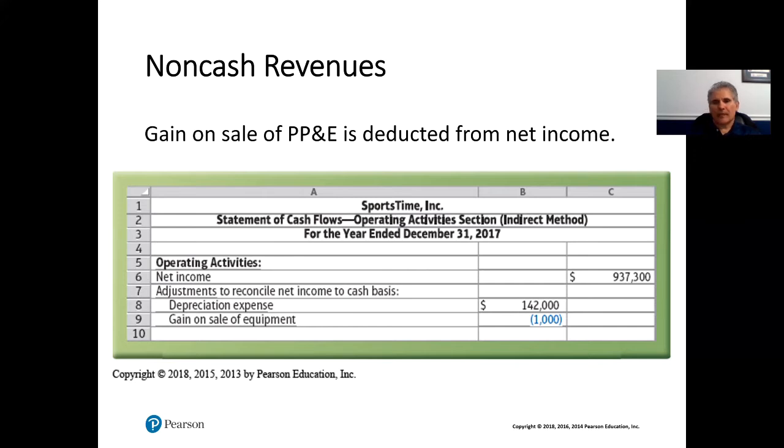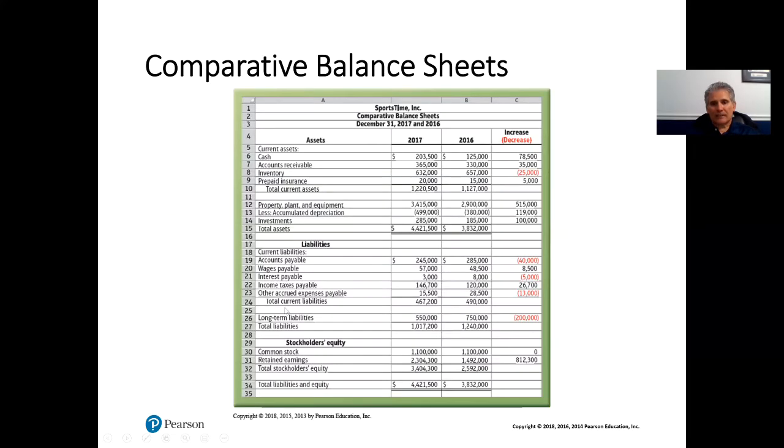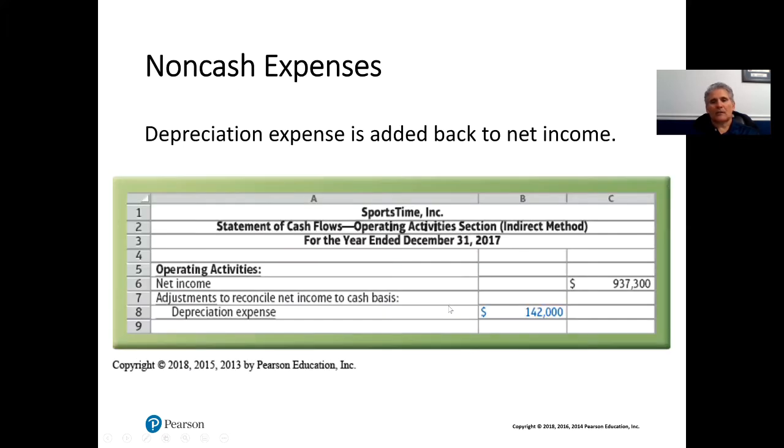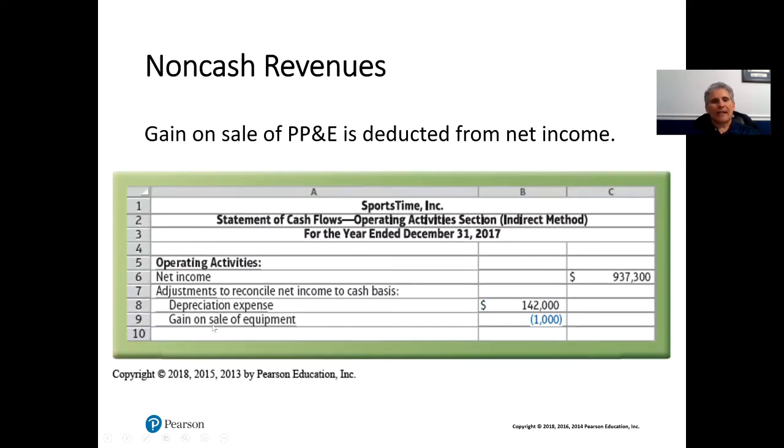That has little to do with cash. So we had a gain on the sale of equipment of $1,000. Since it was a gain, let's go back to the income statement. It added to income, so we're going to have to subtract it because that number includes an addition that had nothing to do with cash. So a gain on the sale of equipment is going to be a reduction on the statement of cash flows.